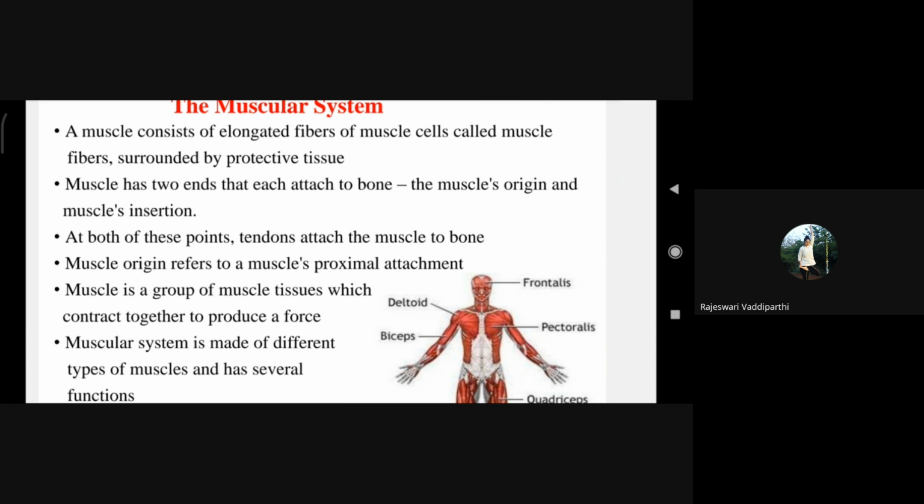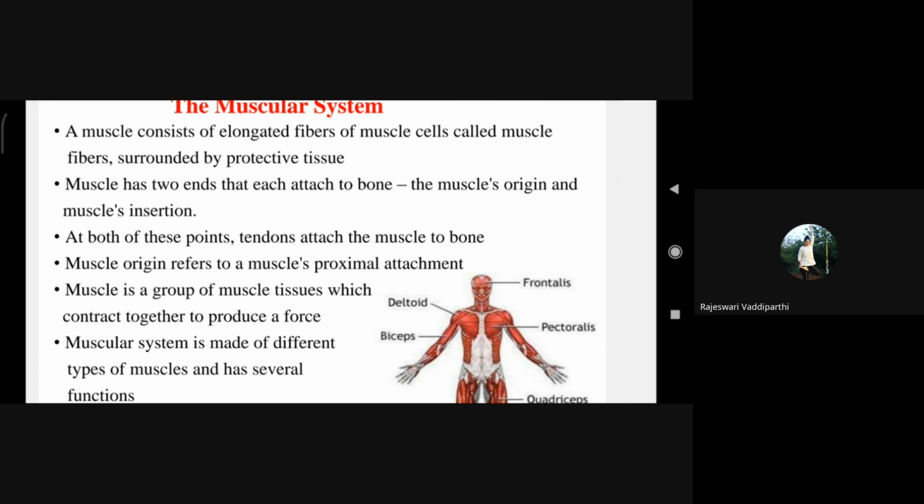One end is known as the origin of the muscle and the other end is known as the muscle's insertion. One end is known as the origin because it is assumed that from this portion the muscle originates, and the other end denotes the portion where the muscle is inserted again to bone.